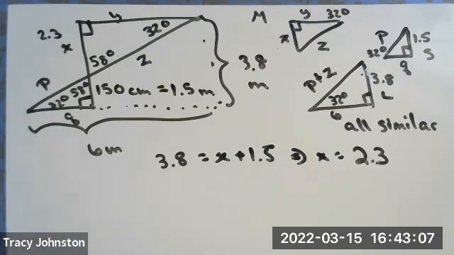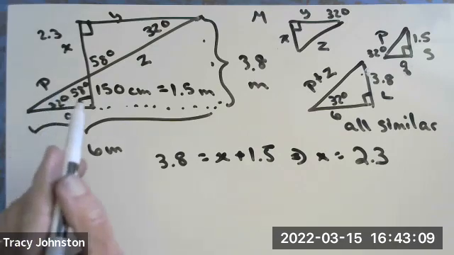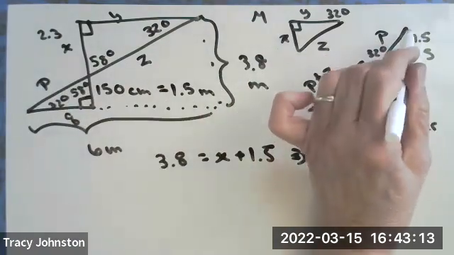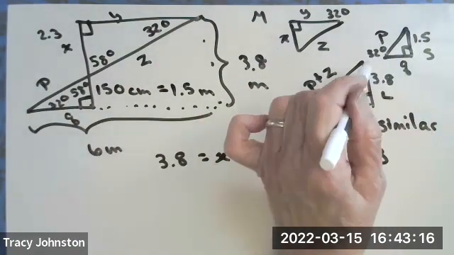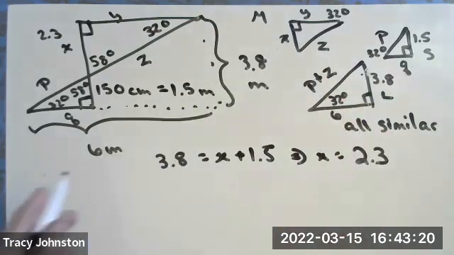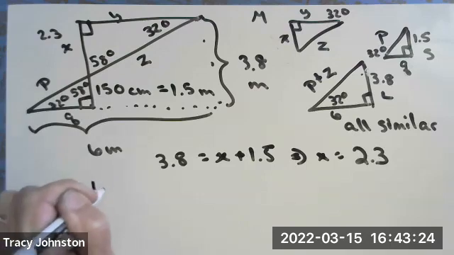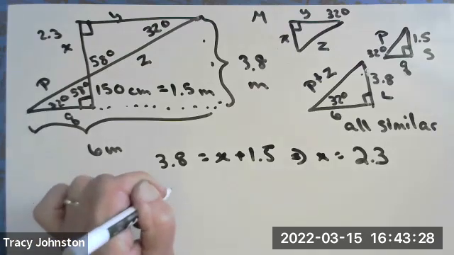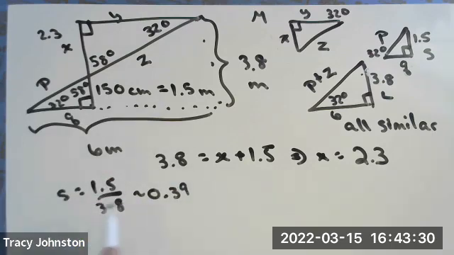I also know that I can set up a relationship that this side of the small triangle is corresponding to this side of the large triangle. So I get a scalar multiplier of 1.5 to 3.8, which is about 0.39. And that's taking us from the small triangle to the big triangle.